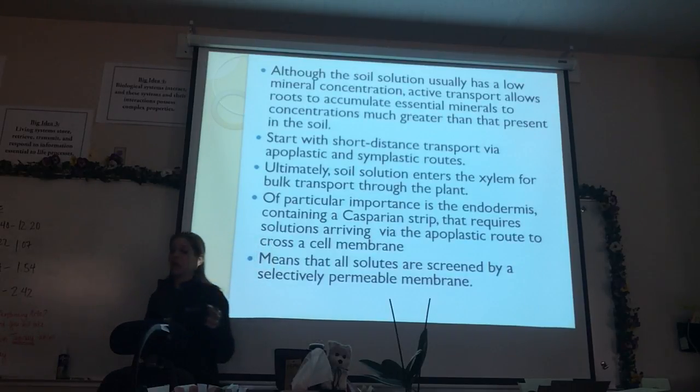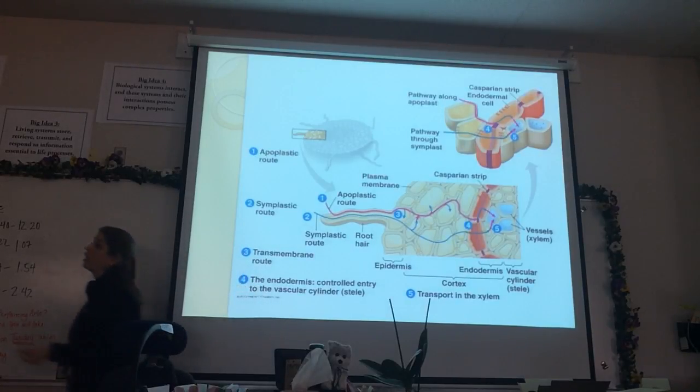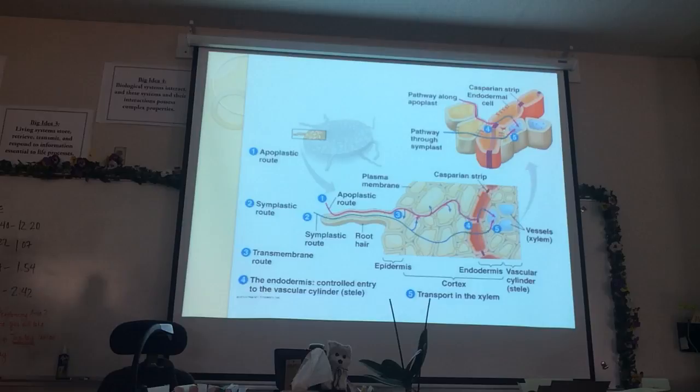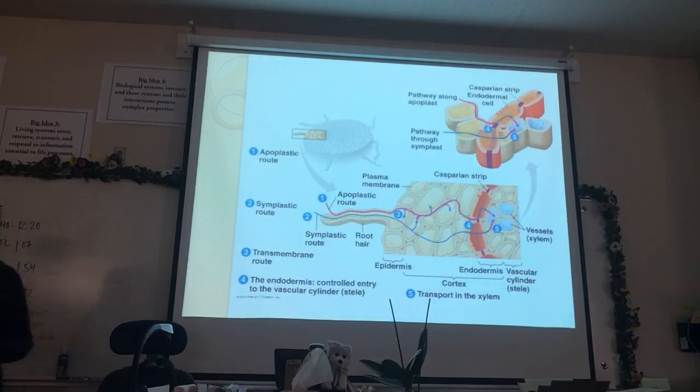Because remember we talked last class that we had both the apoplastic and symplastic routes into and through these plants. Well, the trick was our apoplastic route here was never screened by our cell membrane. And the cell membrane is the part of the plant and the part of the cell that's selectively permeable. That's going to say, okay, well, I landed in an environment as a seed.